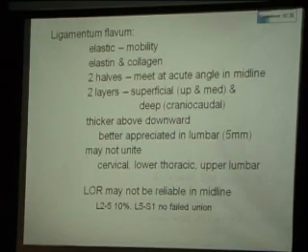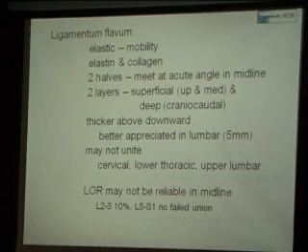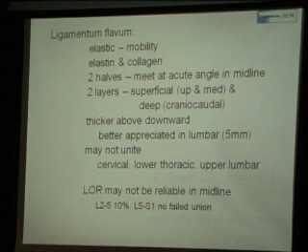The classical teaching used to be that the bevel of the needle has to be parallel to the fibers, but which way? It is just a myth, because the fibers are running every which way. And this ligament gets thicker as we go from above downwards.